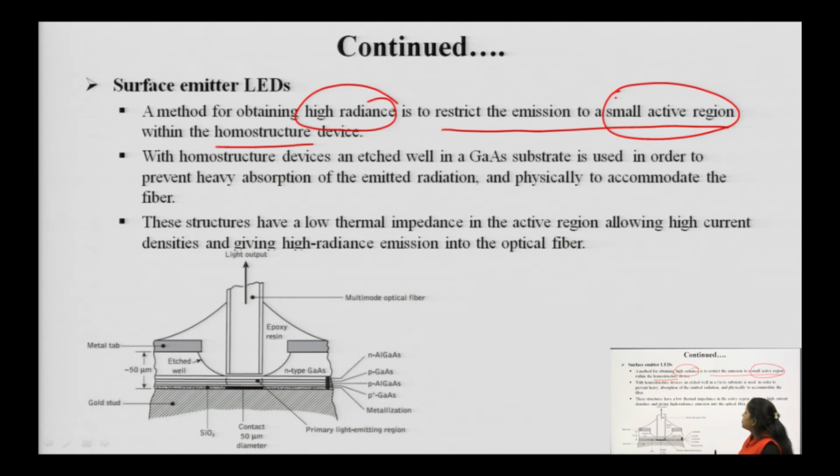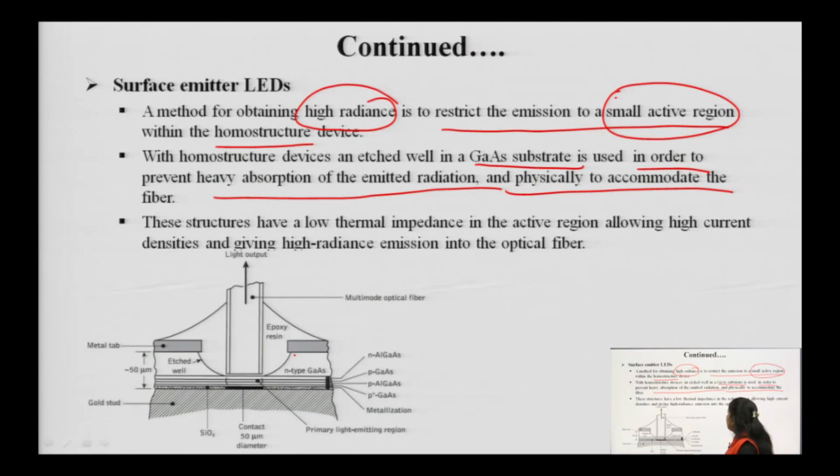With the homostructure device, you can see here that a well is etched in a gallium arsenide substrate. This is the N-type gallium arsenide, and the well is etched in order to prevent heavy absorption of the emitted radiation and physically to accommodate the fiber.